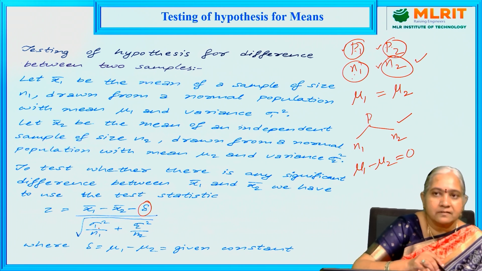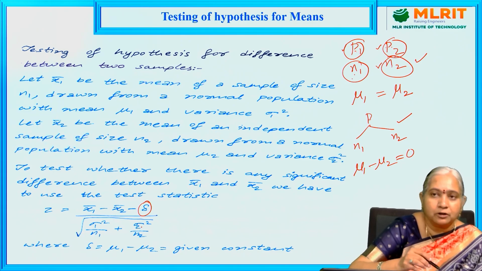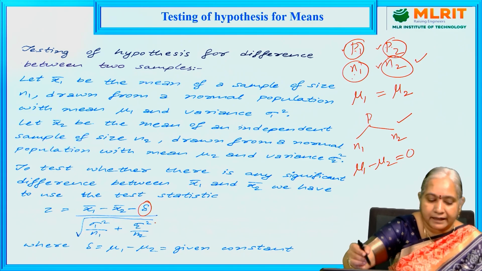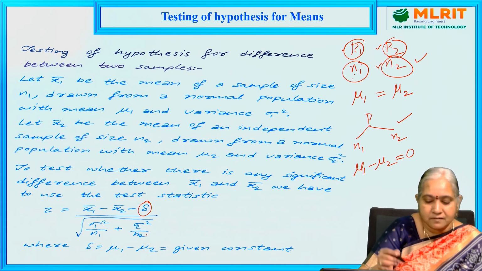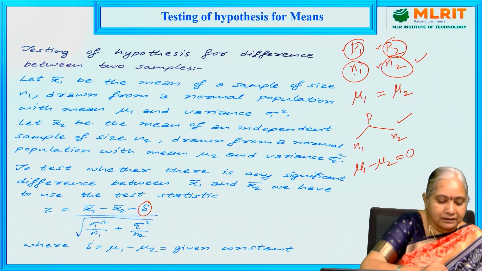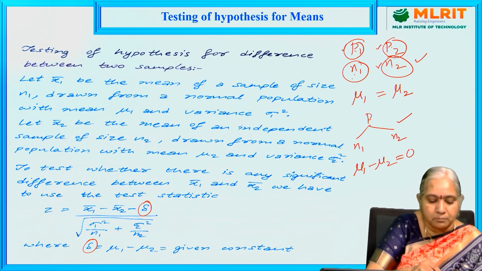Sigma 1 square is the variance of the first population, sigma 2 square is the variance of the second population, n1 is the size of the first sample, and n2 is the size of the second sample.